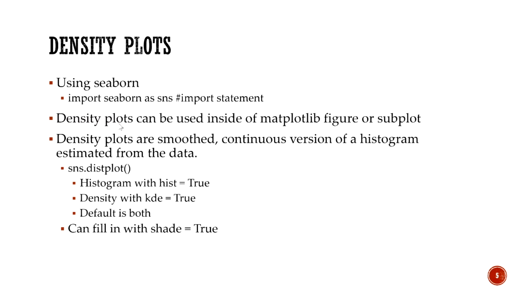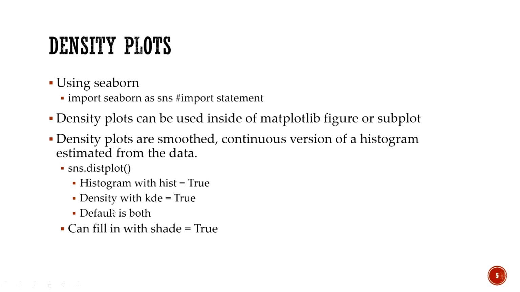So to do that, if we want to show density plots, so first we call Seaborn, we assign sns as a nickname, and then the function is distribution plot or distplot. Now, if you want to go with histogram, so hist equal to true, then it represents a histogram, very similar to what we had before.